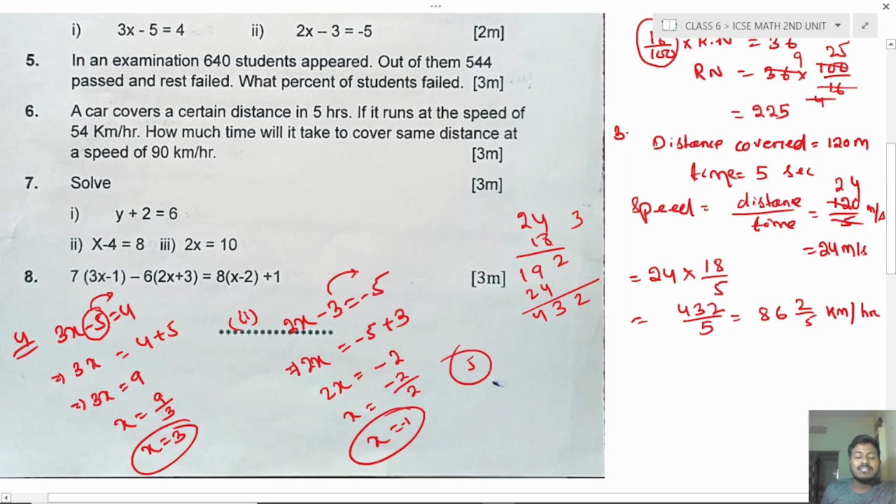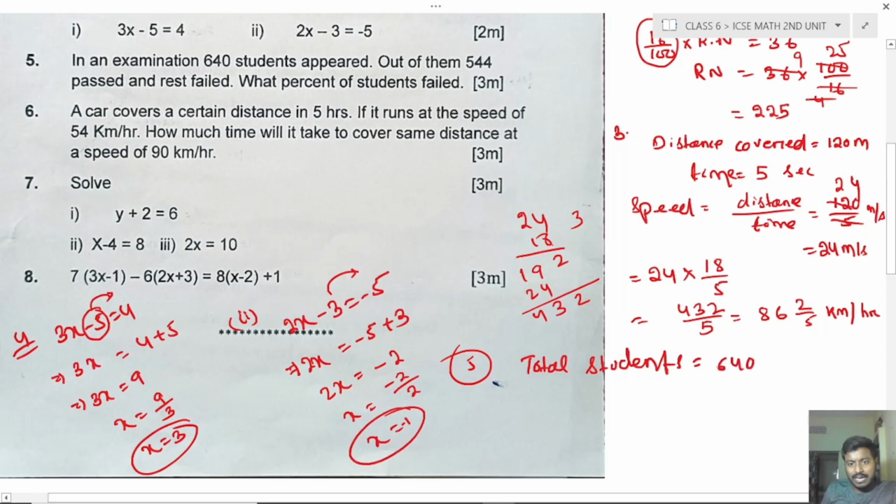Next question. Question number 5. In an examination, 640 students appear, out of which 544 pass and the rest fail. Okay. What percentage of the students fail? First write down the total number of students who appear in the exam. Total students, how much? Now equal to 640.